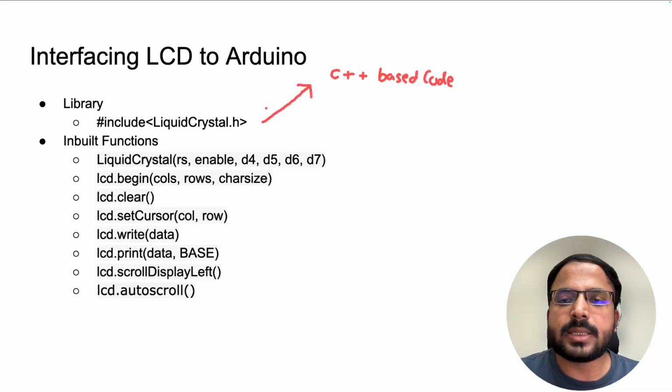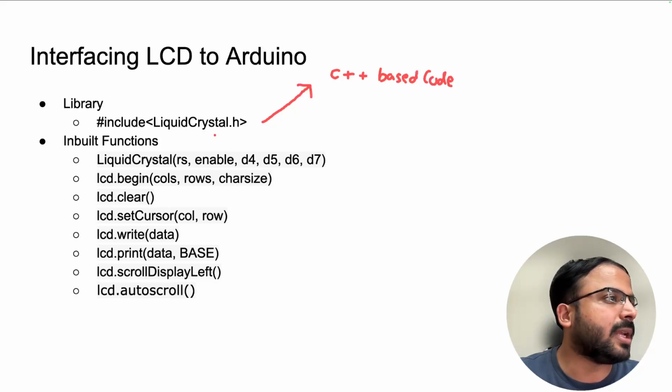We don't have to provide hex codes as commands, and then again provide certain hex codes to write. Instead of that, we are using libraries. This is the library which we include in our code by default whenever we are driving an LCD.